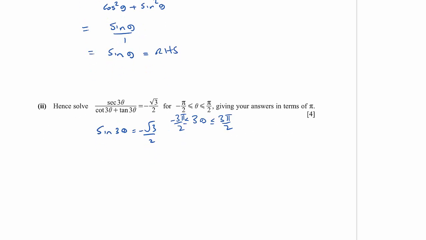We'll worry about that in a moment. Our principal value, this is going to be a standard angle, but of course you've got your calculator anyway. We know the sine of 60 degrees, or pi by 3 radians, is root 3 over 2. So it's going to be pi by 3.